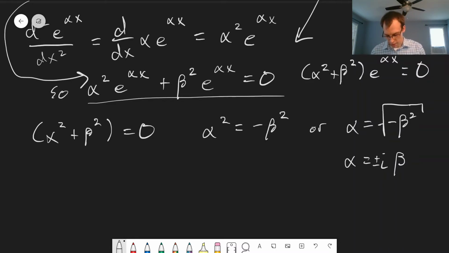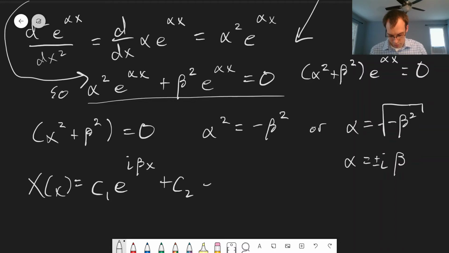So we can say that X of x is equal to, and we can have either plus or minus, alpha can be either plus or minus i times beta. So it can possibly be a combination of the two. We could have part of it that is the positive, C1 e to the i beta x, and we could have C2 e to the negative i beta x.